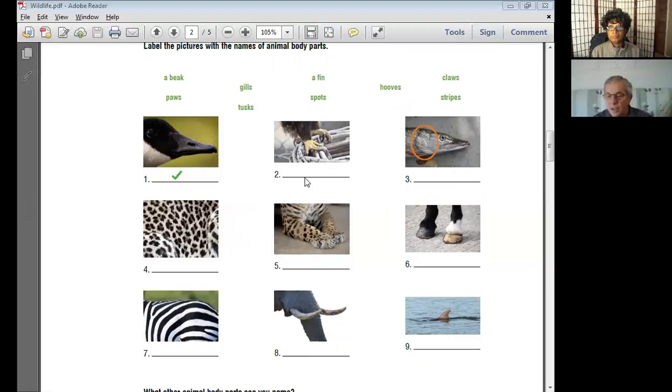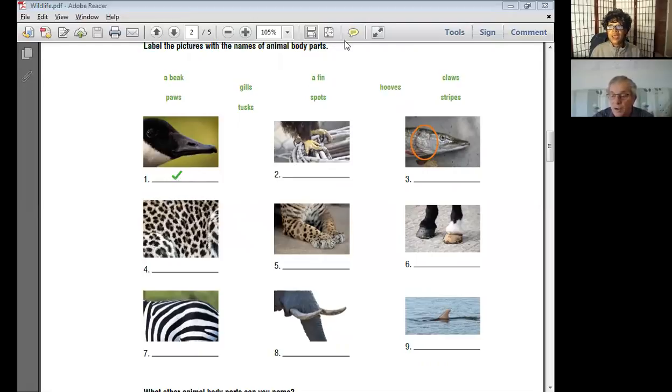An eagle is not in the rainforest. The fish not, the jaguar not, the horse not, the zebra. In the rainforest you can only find the bird. All right then.